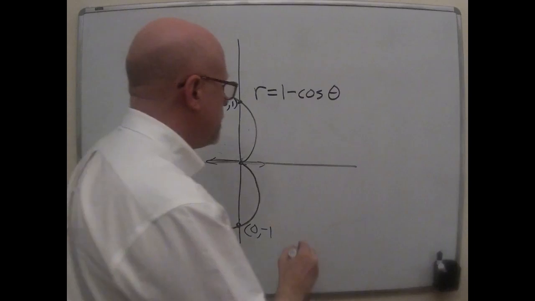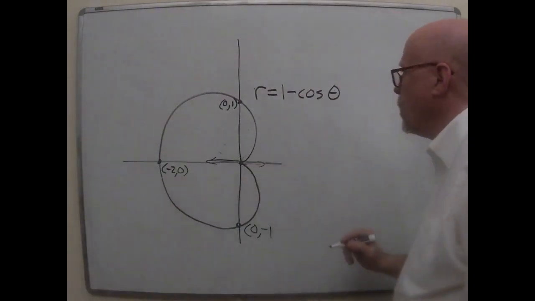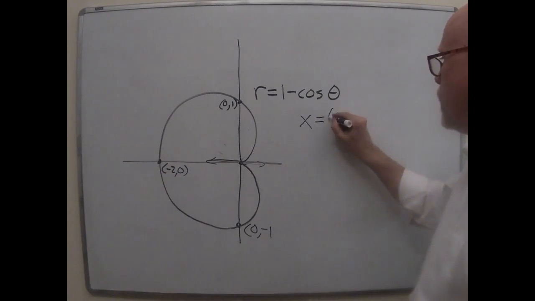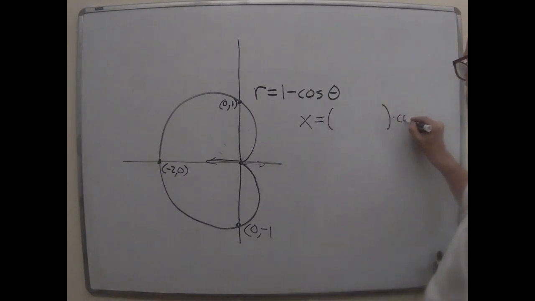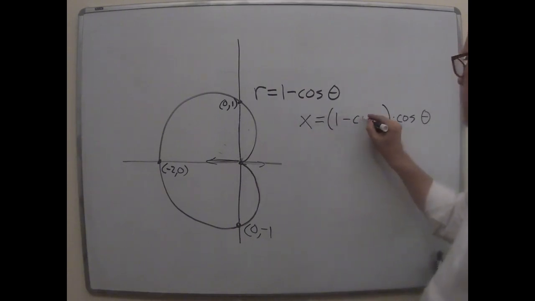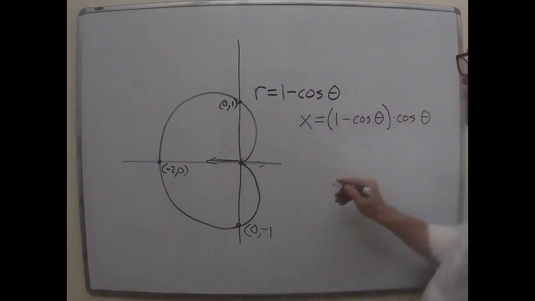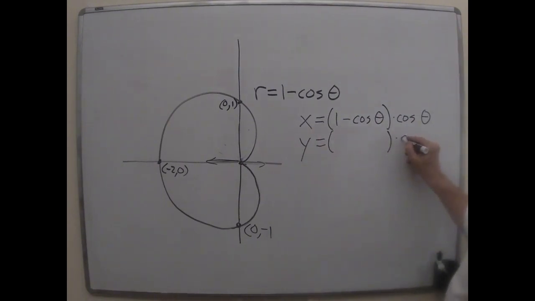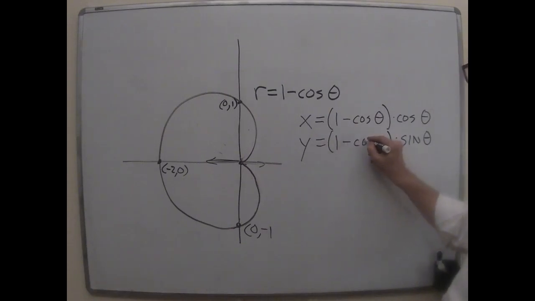All right, so let's run through the process again. x is going to be r times the cosine of theta. Then r is 1 minus cos theta. y is going to be r times the sine of theta. So this part is 1 minus cos theta.